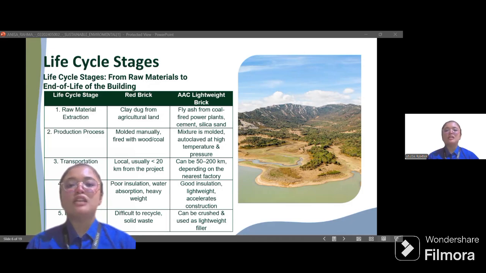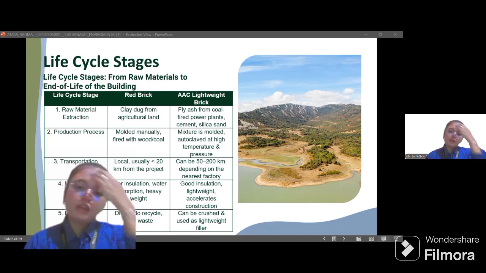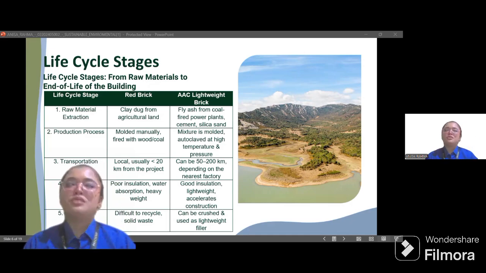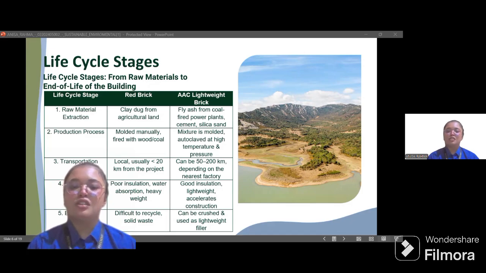Additionally, it has a high water absorption rate, making the building prone to moisture and requiring additional coating. Then, from a thermal efficiency standpoint, red brick is less effective at insulating heat.